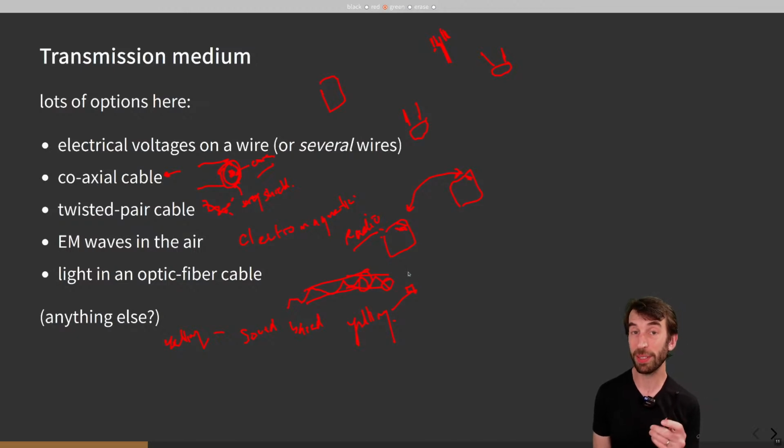Even for computers, there have been people who had this idea that if you just need to get a little bit of data and you've got a speaker and a microphone, you could just make some little sounds which the other computer could hear with its microphone. So it's totally possible to have a sound-based system. In fact, when I was a kid, everybody used sound-based systems for computers talking to each other because we had dial-up modems that ran over the telephone system.